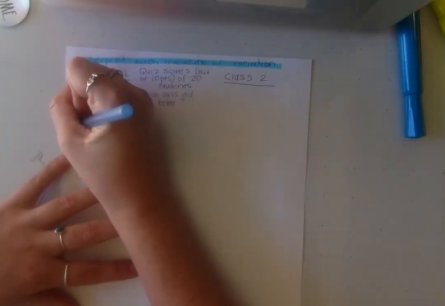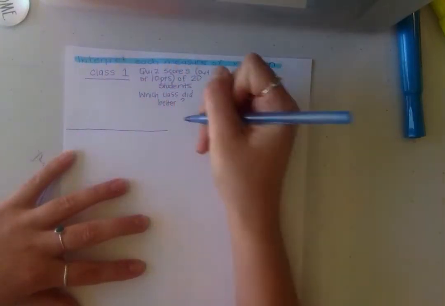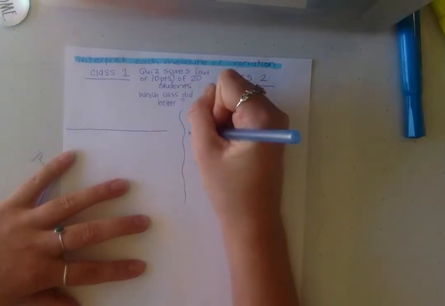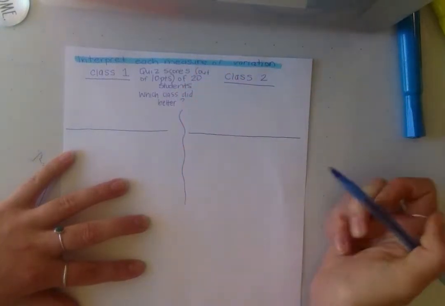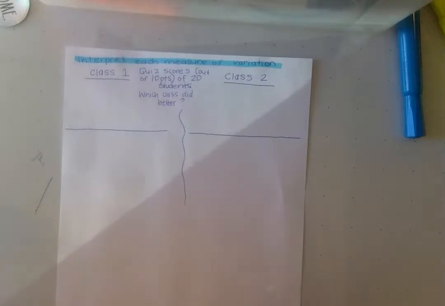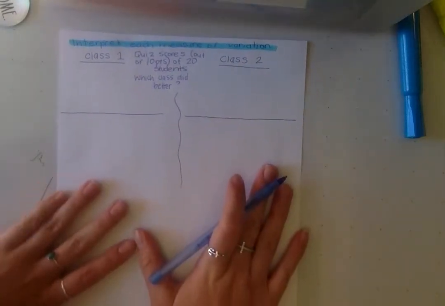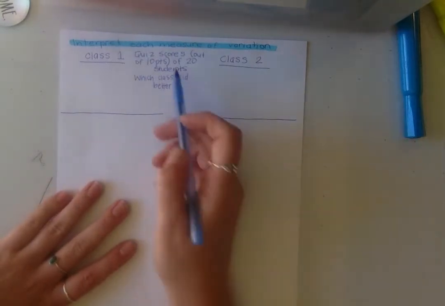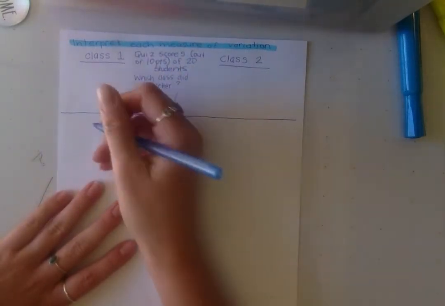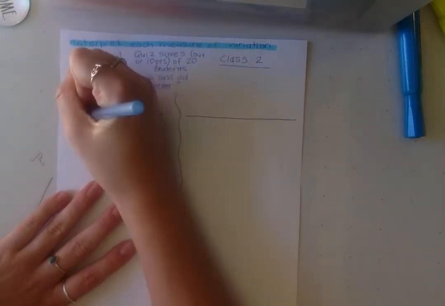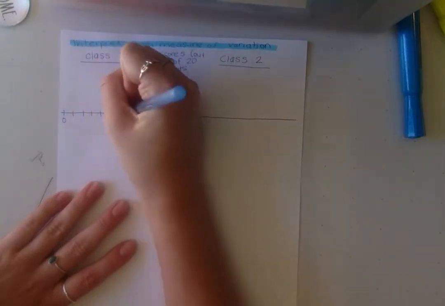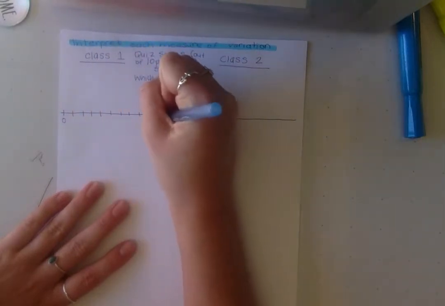So for class 1, I'm going to draw a dot plot, and in class 2, I'm going to draw a dot plot. Now there's 20 different data values, so try to write small if you can. I know my quiz scores were out of 10, so this is all the people that scored 0, 1, 2, 3, 4, 5, 6, 7, 8, 9, 10.